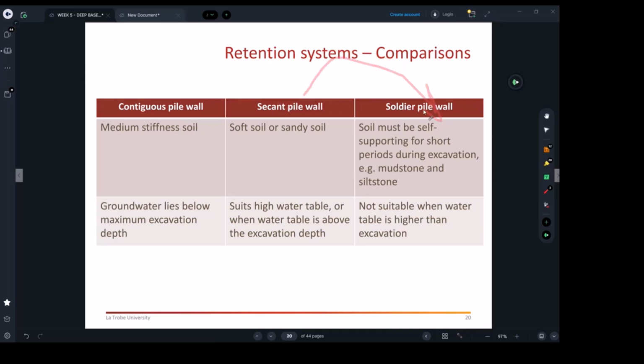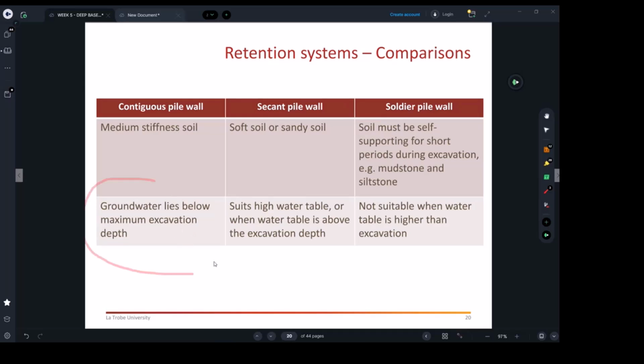Maybe, as I said, at the back you have an easement, where the council placed pipes below the ground and filled on top of them. That fill material is very soft and not stable. So on the easement side you may have a secant pile wall system, and the rest will be just a soldier pile system.